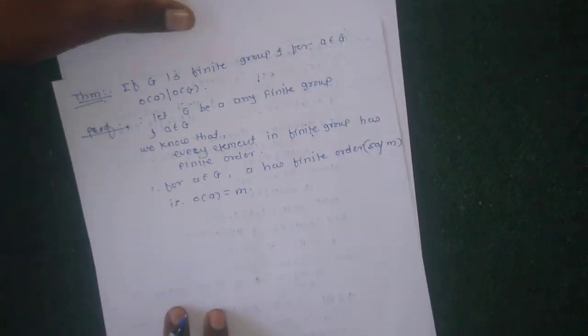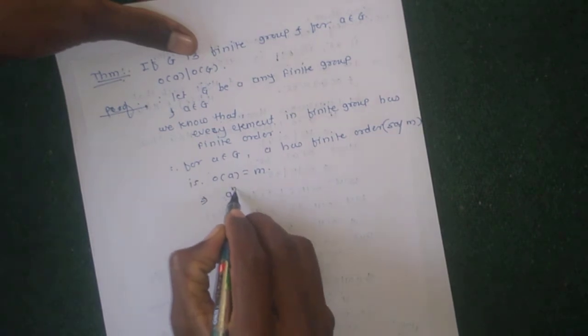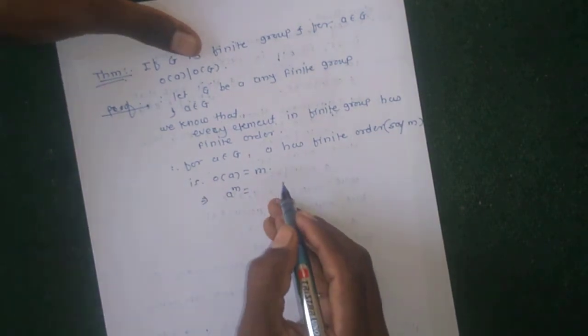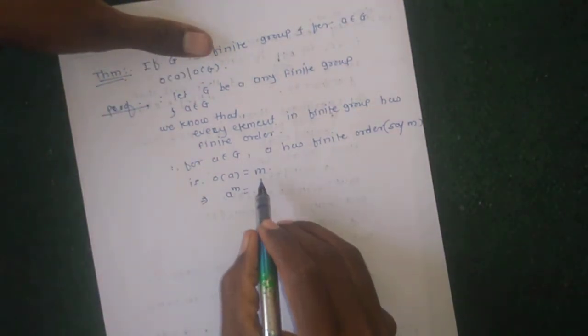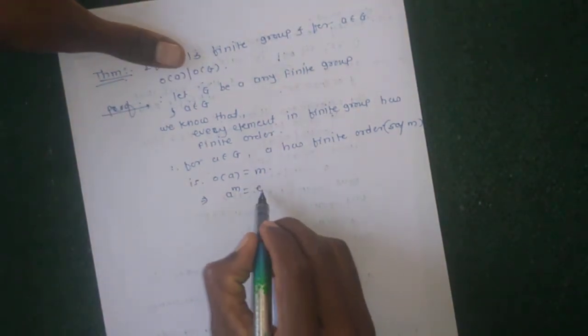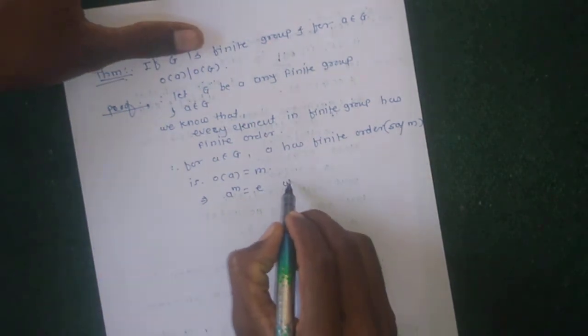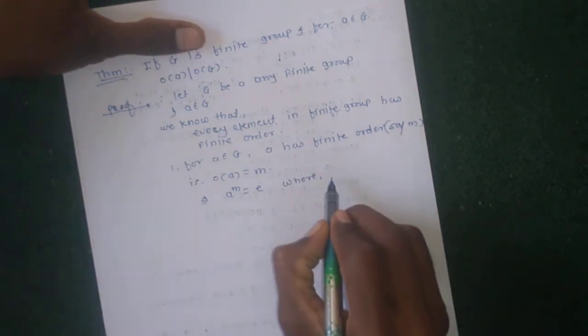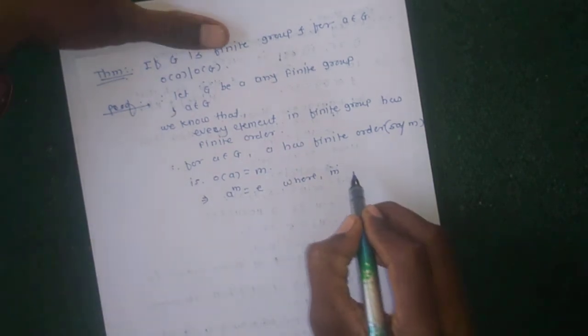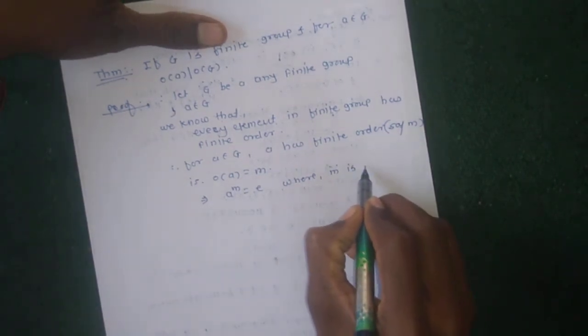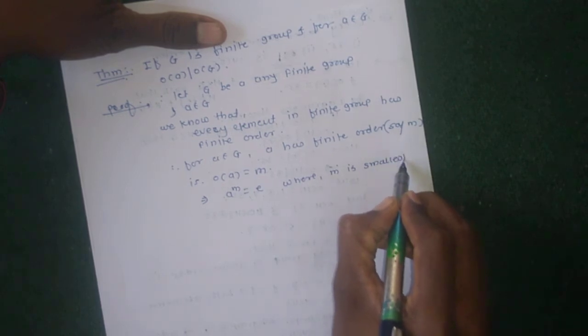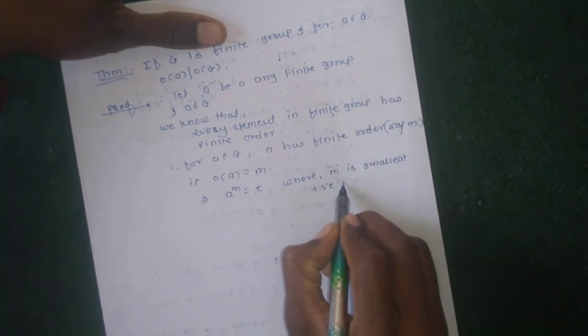By the definition of the order of an element, the order of a equals m implies that a raised to m equals identity. What is the definition of the order of an element? If an element a has order m, then a raised to m equals identity, where m is the smallest positive integer.